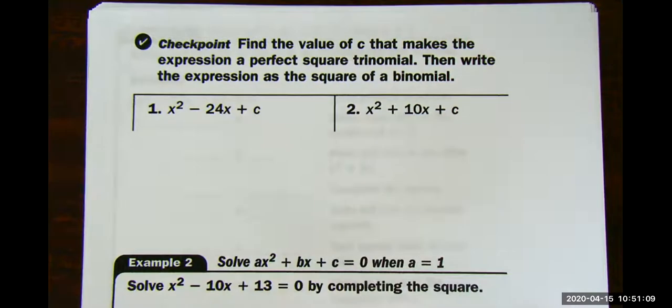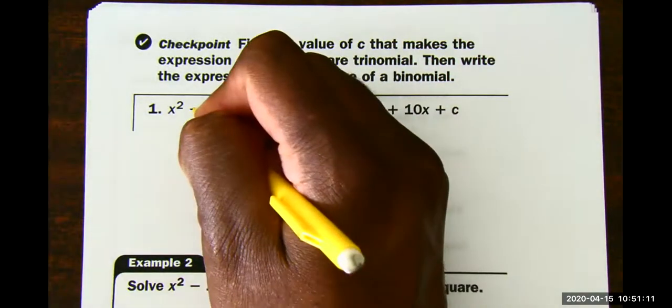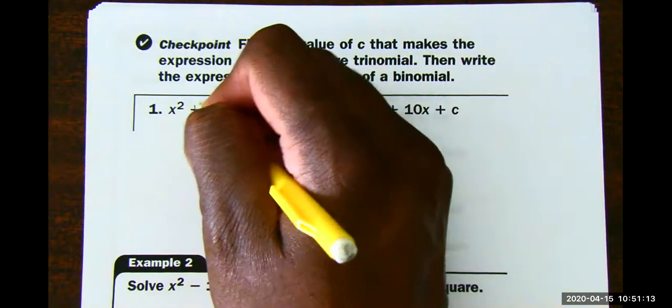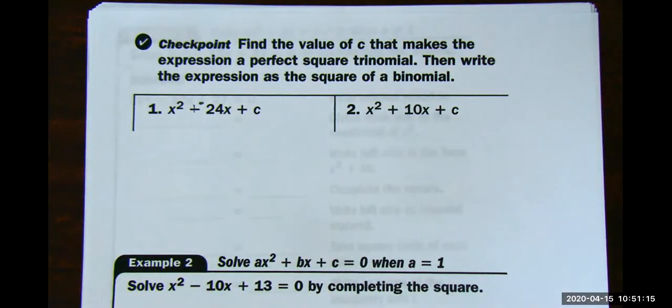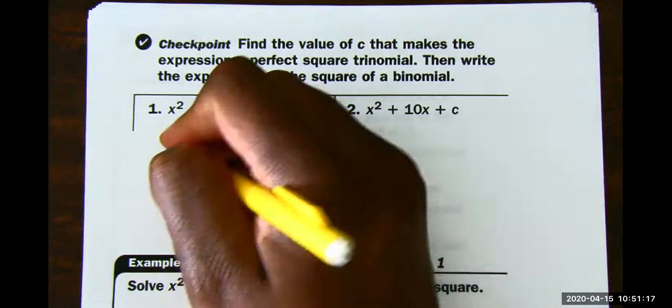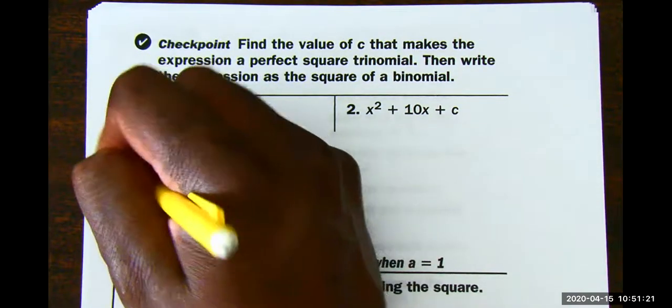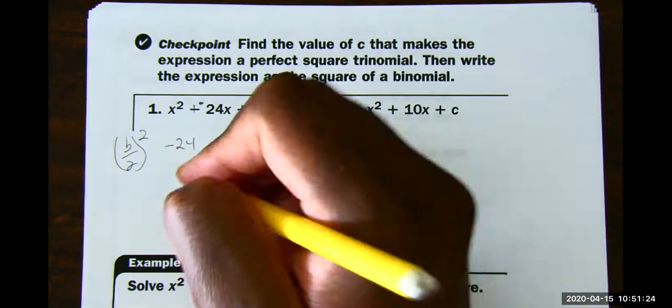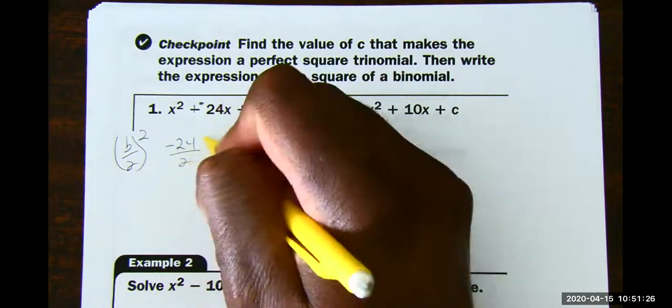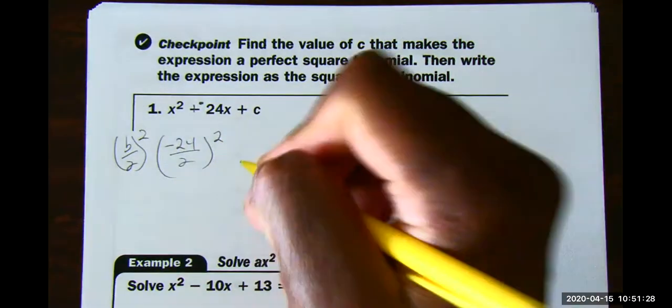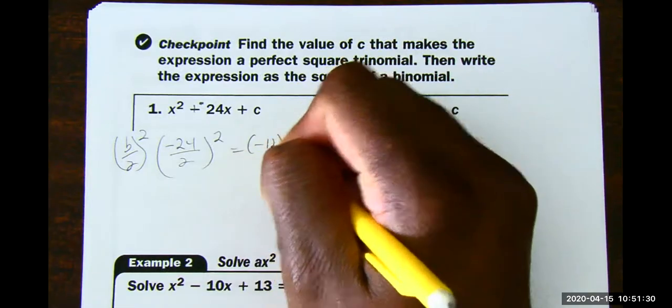There's a negative sign here. You have to include the negative. If you want to do keep flip change, fine, but make sure b is negative 24. So it's going to be negative 24. I'm writing this off to the side just to remind, right? So in this case, negative 24 divided by 2, squared, equals negative 12 squared.